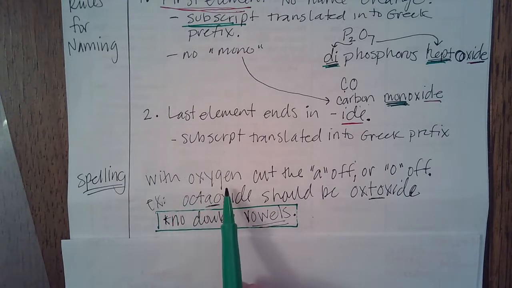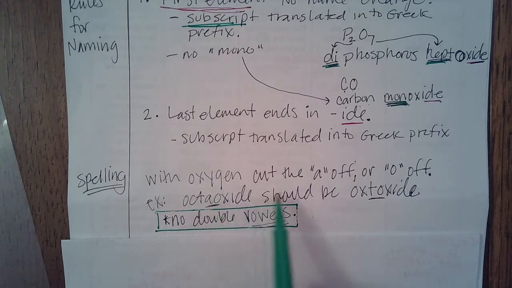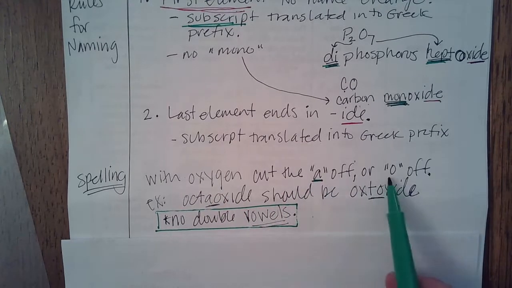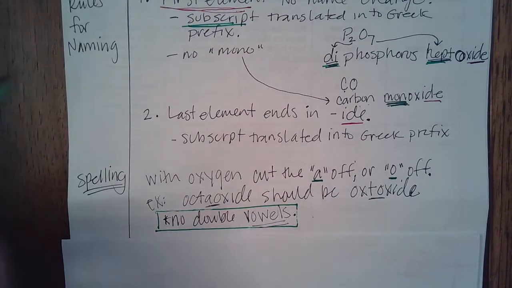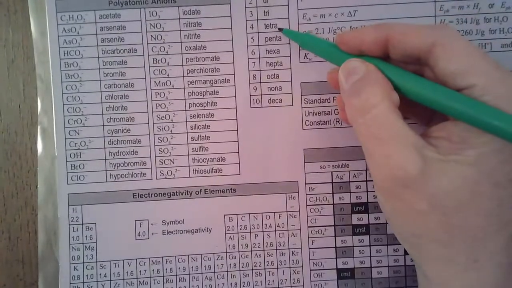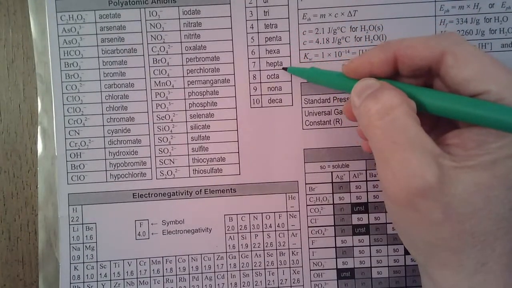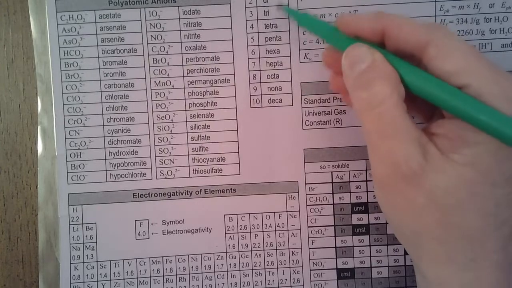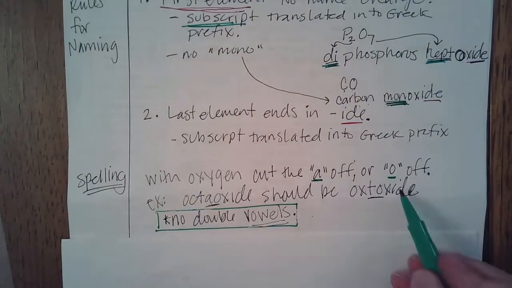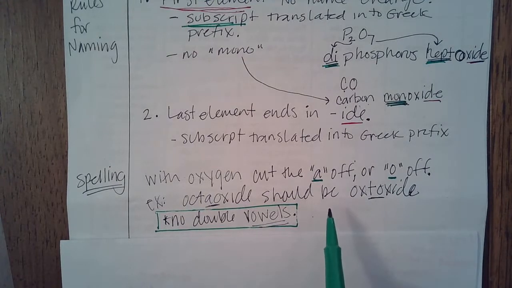So with oxygen, and this really happens only with oxygen, you have to cut the A or the O off. So you would cut the A off of all of these: tetra, penta, hepta, hexa, octa, nona, deca. Or the O with mono. And again, does spelling matter? Not necessarily.